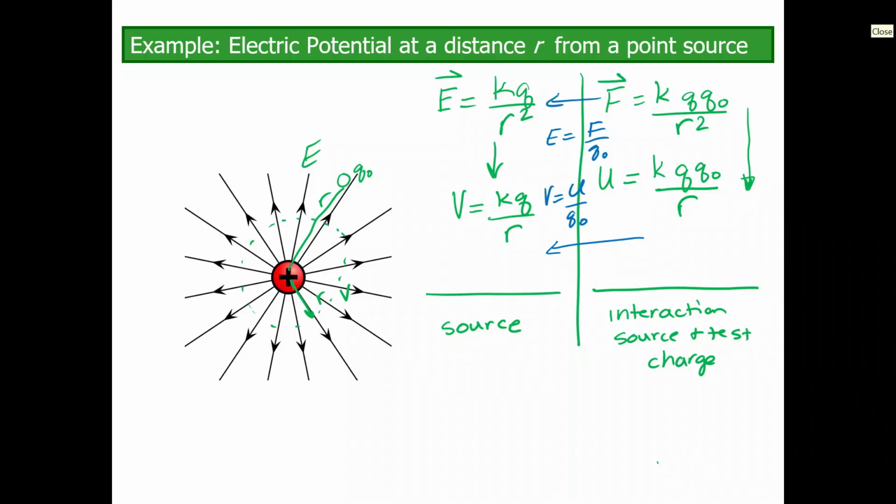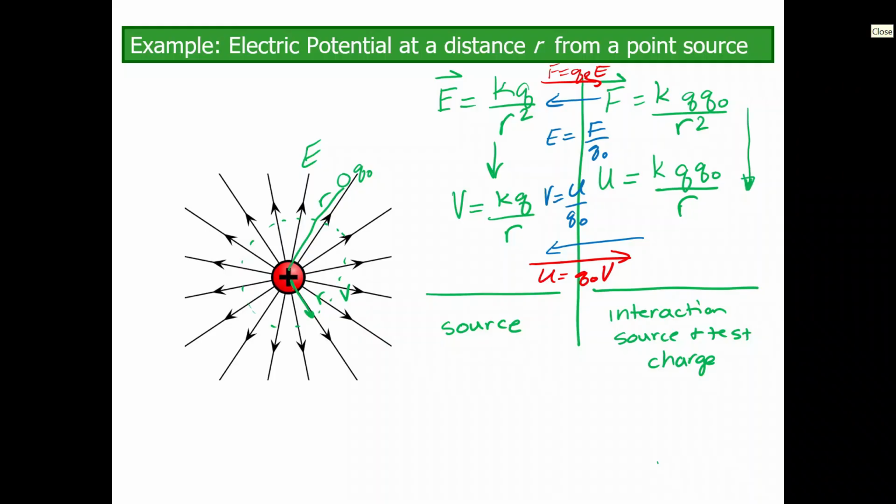If I want to go the opposite way, if I have a field and I want to find the force, my force is going to be Q0 times E. If I'm going from my potential to my potential energy, it's going to be Q0 times V. So those are really handy relationships that we can use to establish some relationships between these.